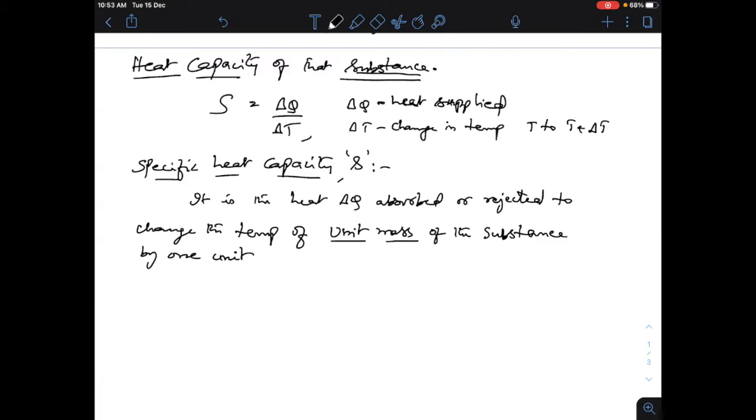So out of the whole substance, specifically for a unit mass, when you are measuring the heat capacity, then it is called specific heat capacity.